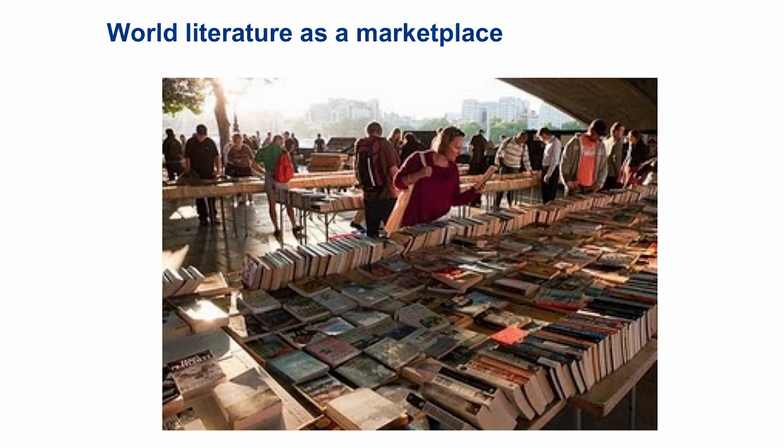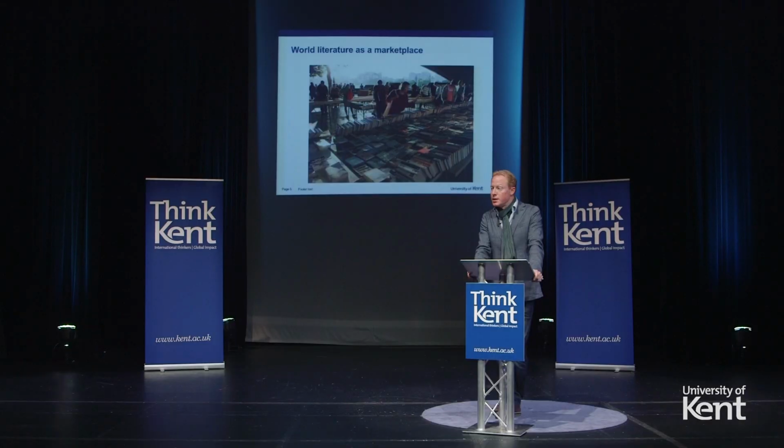An alternative, increasingly important model of negotiation is that of the marketplace. In an age in which successful authors write as much for an international as for a national audience, the cross-cultural marketability of literature has become a significant criterion in determining what gets compared, and indeed what gets written.